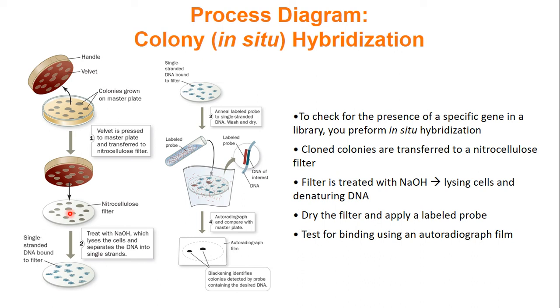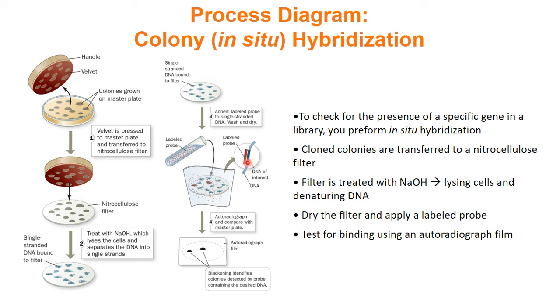On this filter, you let it dry, and then you wash over your single-stranded DNA to see which bacteria has your vectors. Let's say, again, we're looking at protein X. You want to wash your filter with a probe that will be able to detect protein X.